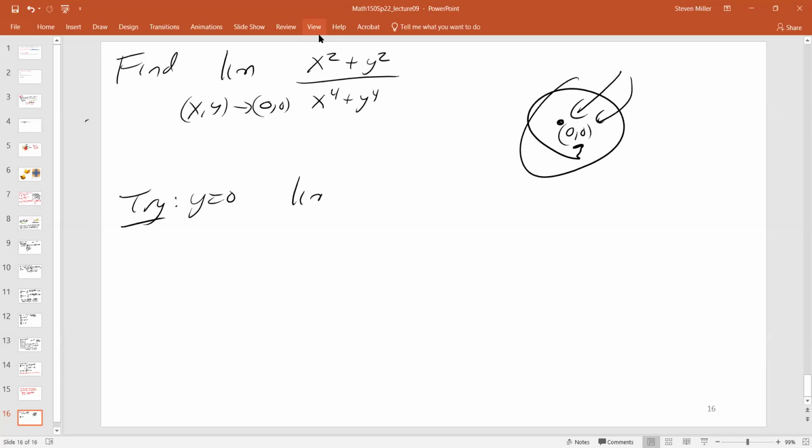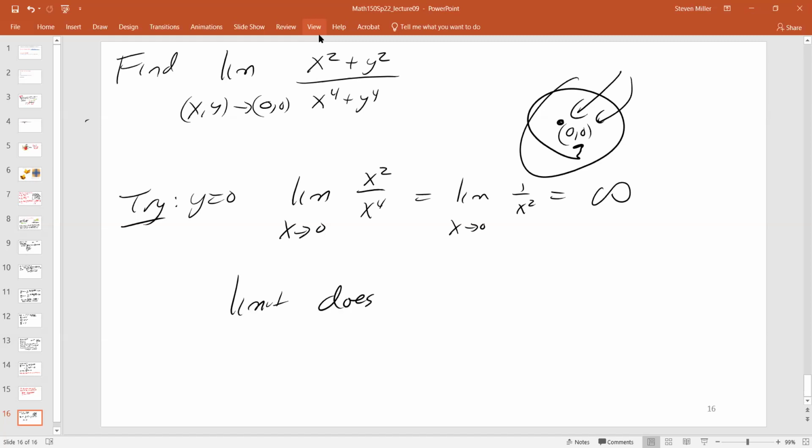Now we have the limit as x goes to 0 of x squared over x to the 4th, which is the limit as x goes to 0 of 1 over x squared. What does that equal? It blows up. So the limit does not exist. I didn't even have to check two paths for this one. Just one path was enough to show the limit doesn't exist. Okay.